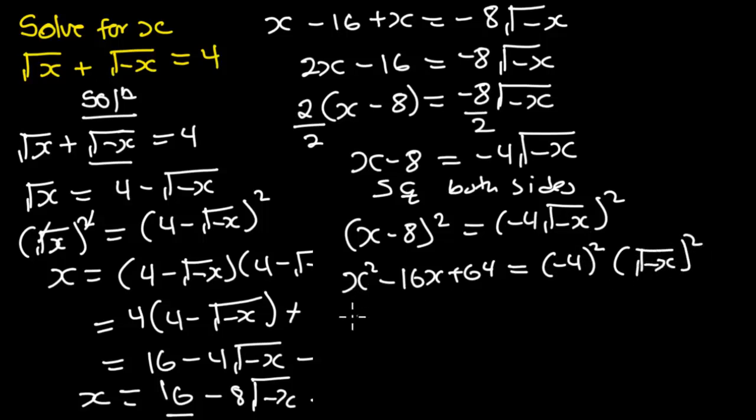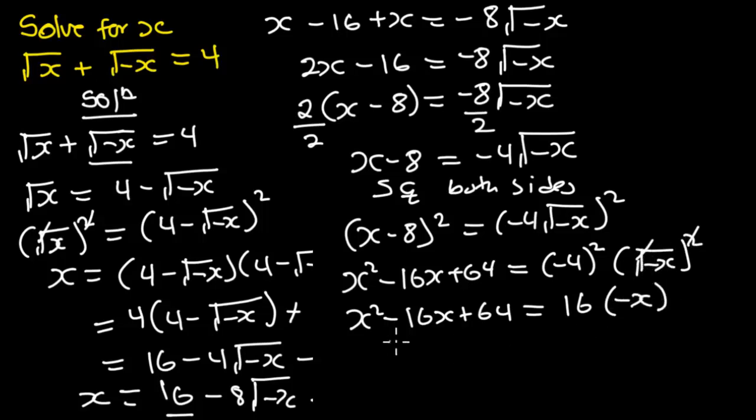Now from here, we are going to have x squared minus 16x plus 64 is equal to, now negative 4 squared is going to give us 16 multiplying, and then here the square will cancel the square root. So you are going to be left with minus x. So you are going to have x squared minus 16x plus 64 is equal to minus 16x.